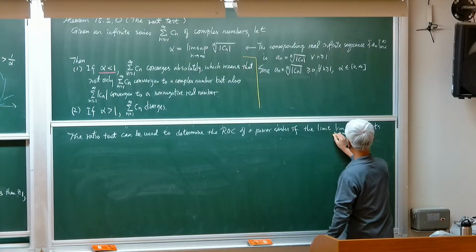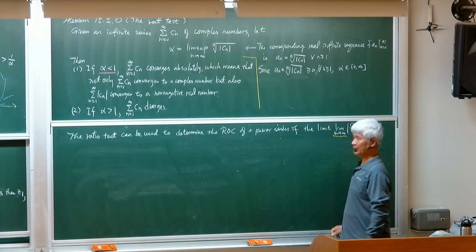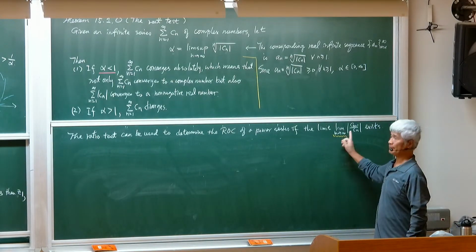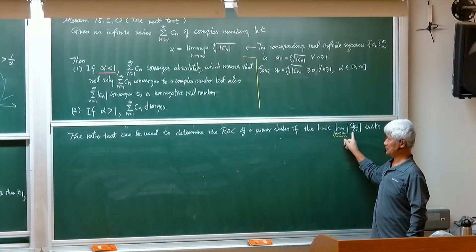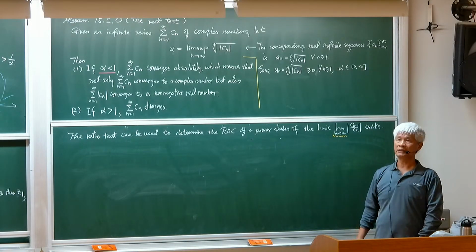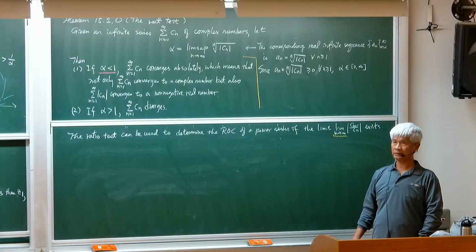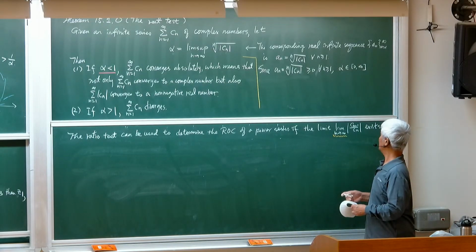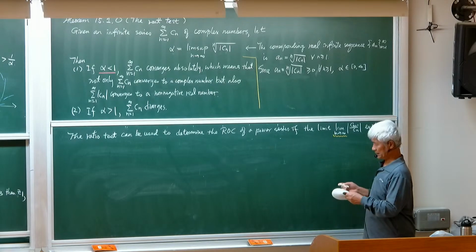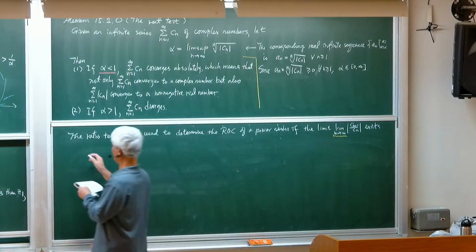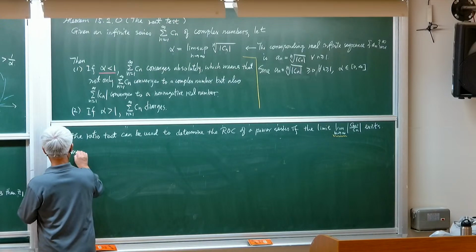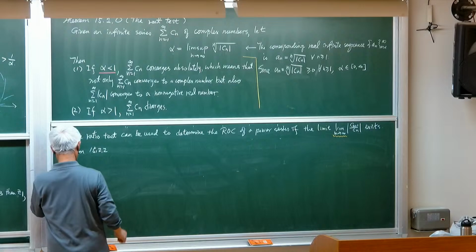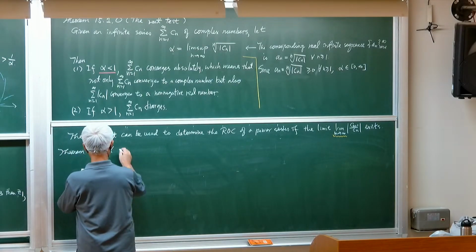We have to know that limit, not the upper limit. Not the lim sup, it's the limit. So if this limit exists, which is much stronger, then we only need to consider it instead of the upper limit. This is stated in the second theorem in the textbook.